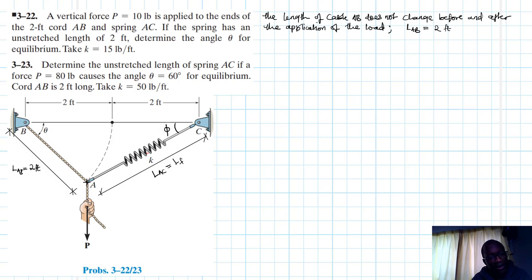We need that angle there for us to work out the components, and this angle is phi, like so. There we go. Let's write down the components.